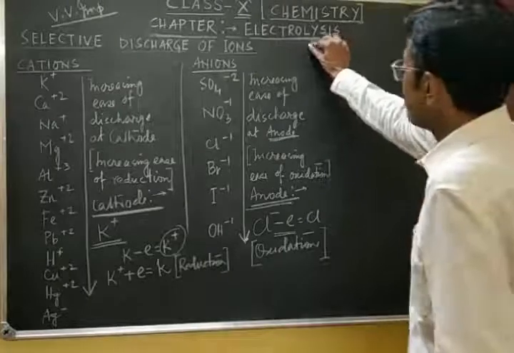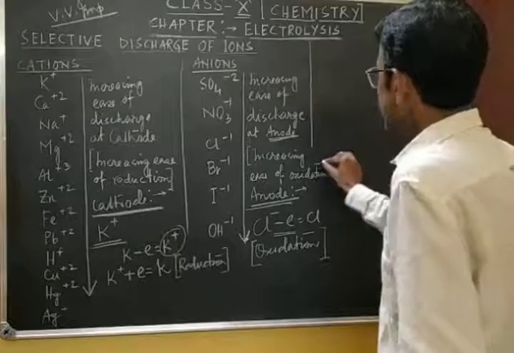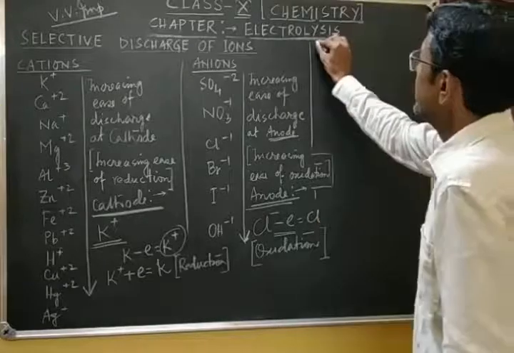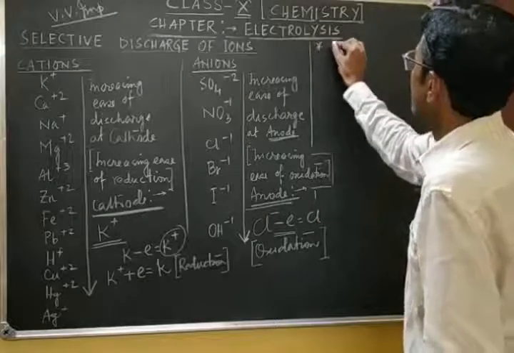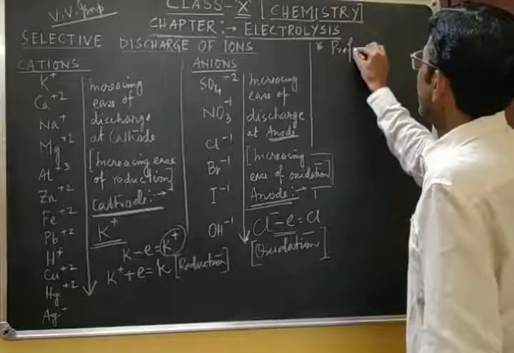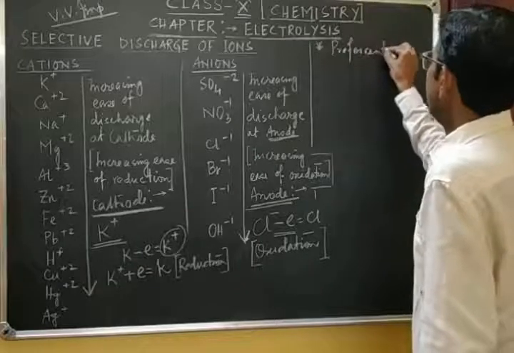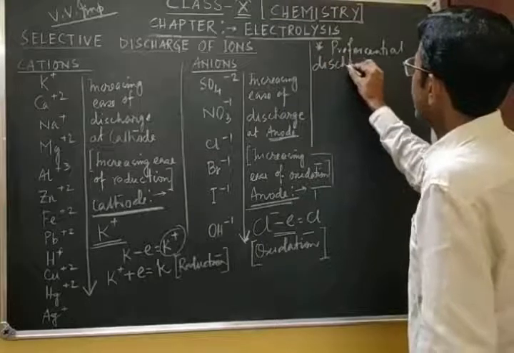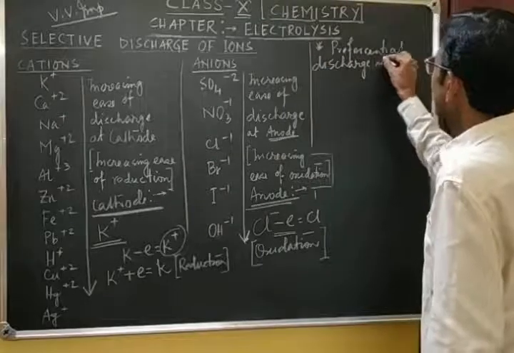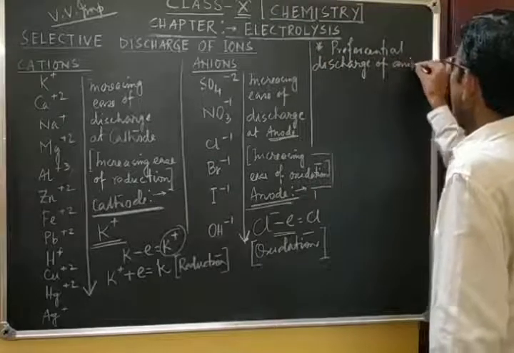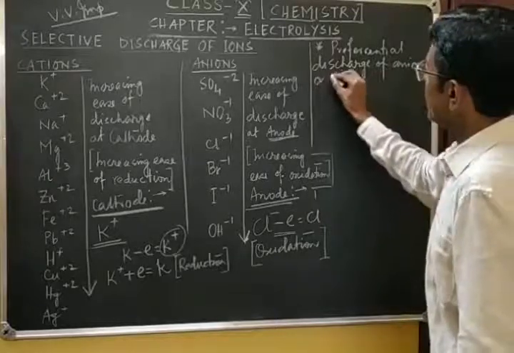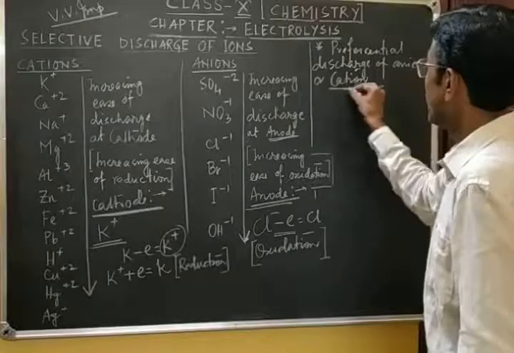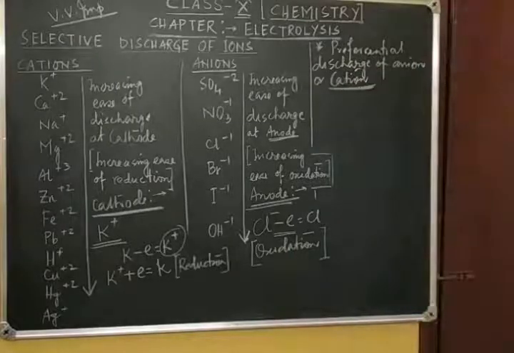So this is called preferential discharge. Remember, this is called selective discharge of anions and cations.